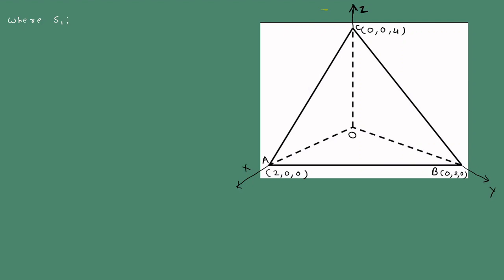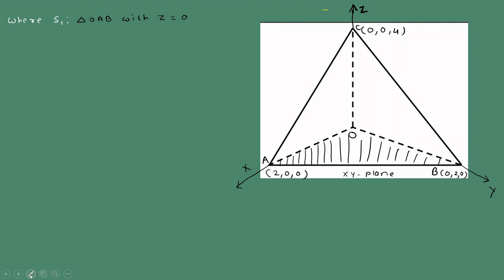Now, what is S1? S1 is this triangle. What is this? It is the xy plane, triangle OAB, with z equals 0.